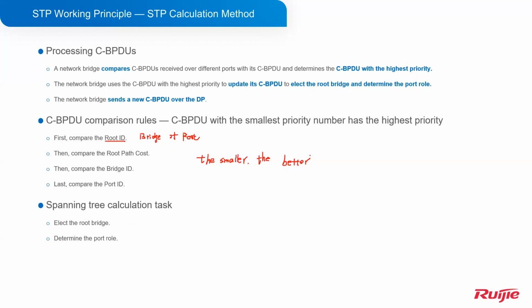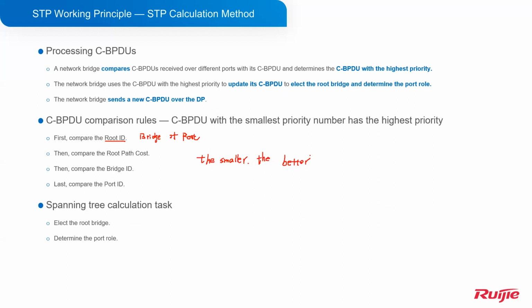Okay, and next is the spanning tree calculation task to elect the root bridge and to determine the port roles. Because you should think about this: the working method of STP is to find a redundant port and block it.